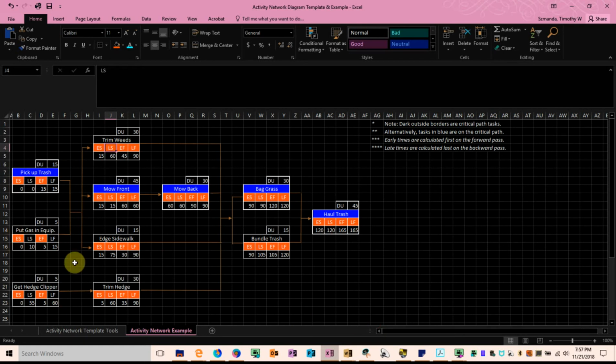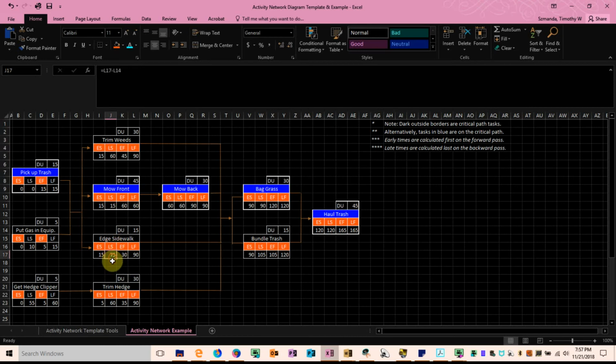And then finally, the last layer, we continue the exact same process. So let's start with picking up the trash. The latest finish for picking up the trash has to be the minimum of the latest start times of trimming the weeds, mowing the front, and edging the sidewalk.